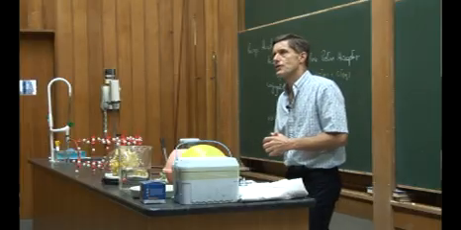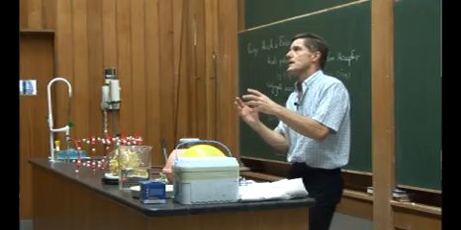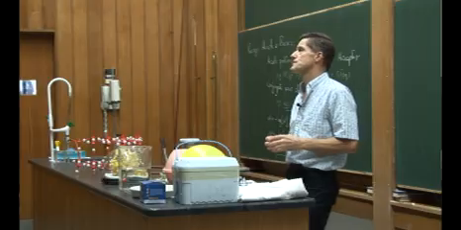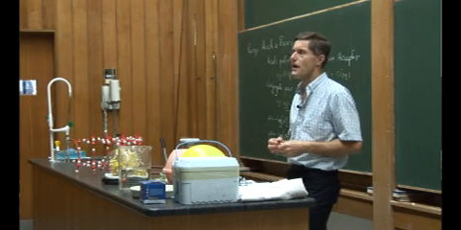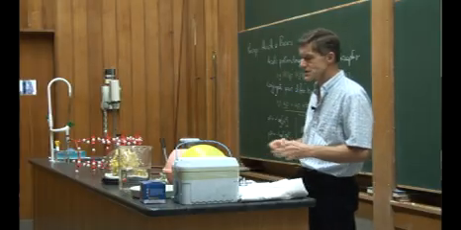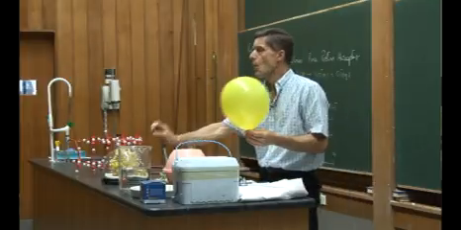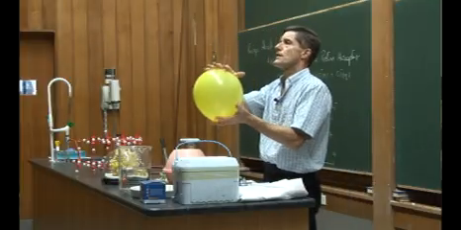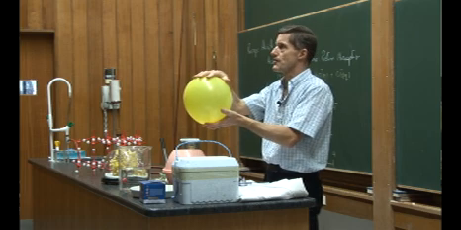A gas, on the other hand, is quite different. The particles in a gas occupy the entire volume that's available to them. It's characterized by a large amount of space surrounding the gas, and as a consequence, in something like water, 1 ml of water will give over 1.5 litres of gas if I heat it up above the boiling point.